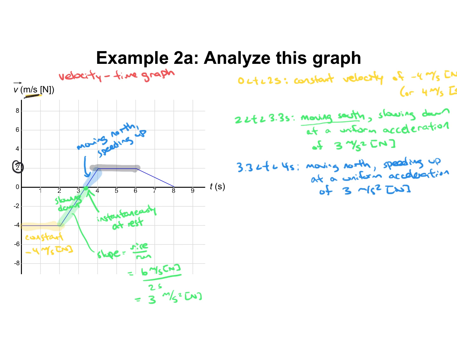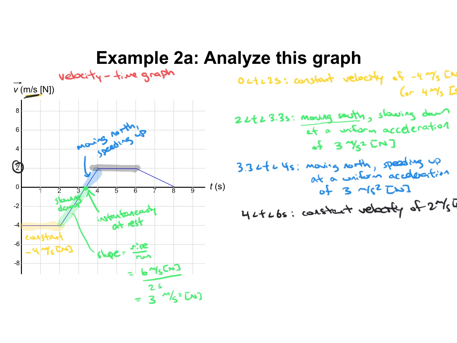So we have a constant velocity of positive 2 meters per second. So constant velocity of 2 meters per second north. All right, so it's not at rest, it is moving at 2 meters per second.